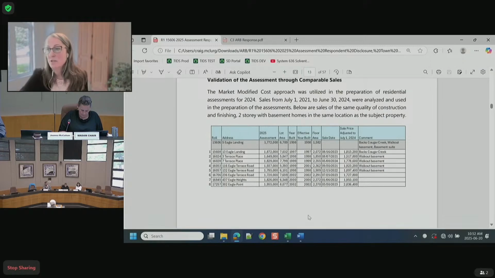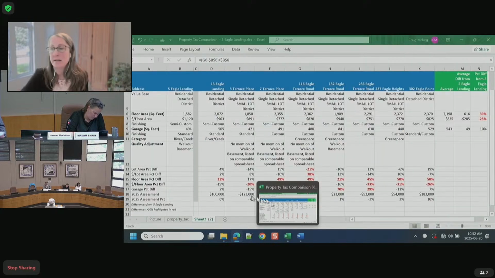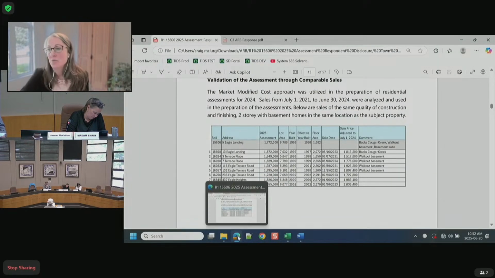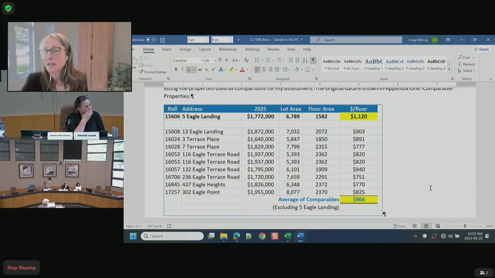So when we're comparing them, we're looking at them being similar properties to the subject property in terms of quality of construction and finishing, both two-story with basement homes in the same neighborhood as the subject property. So when we provided those as comparables, as mentioned, that was originally during the inquiry period before a complaint was filed. So when we're looking at them in terms of comparability, we're looking at the year that they were built. Is it similar to the subject property? Yes. We're looking at the lot area.